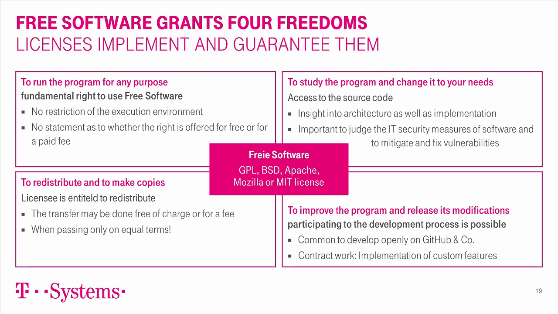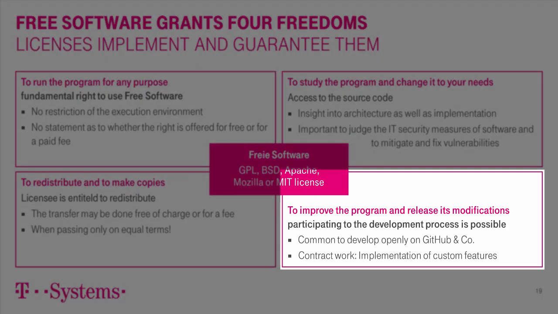Finally, there is freedom number 3 on the lower right hand side that entitles you to improve the program and to release also these modifications. This makes participation in a software development process possible, and this is commonly done on public repositories like GitHub and other ones.